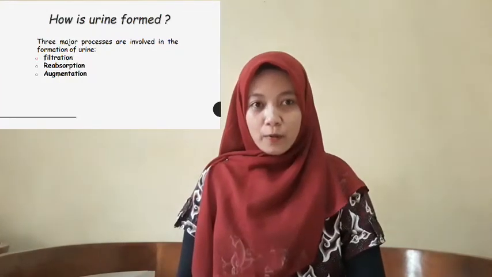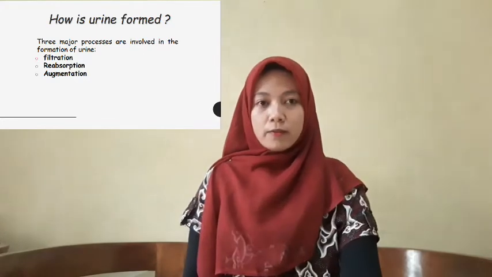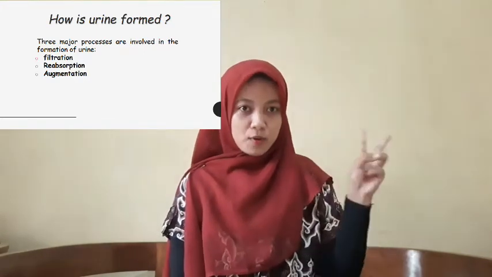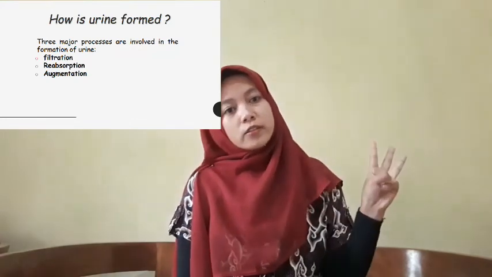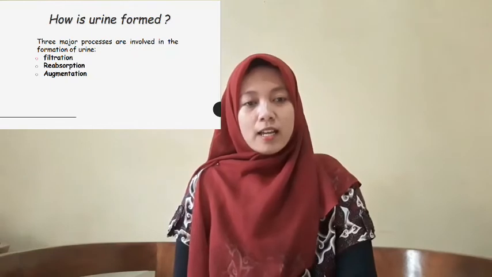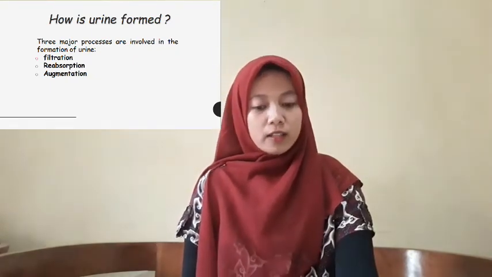How is urine formed? There are 3 major processes involved in the formation of urine. Number 1, filtration. Number 2, reabsorption. And number 3, secretion. Number 1, filtration. Filtration filters the blood to produce a filtrate.